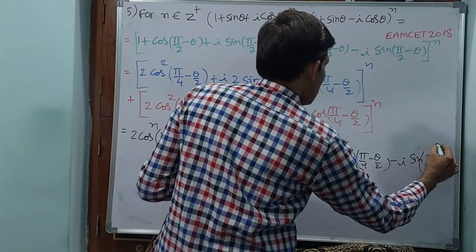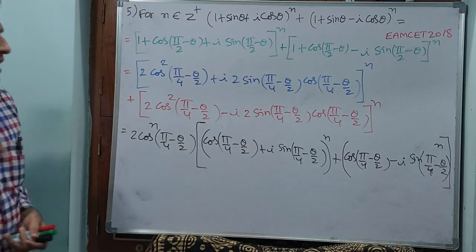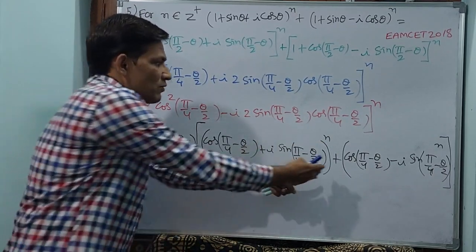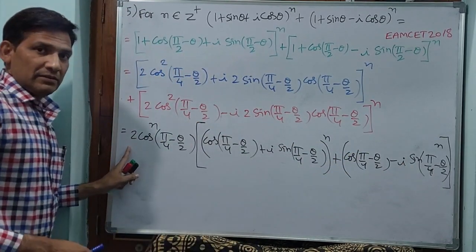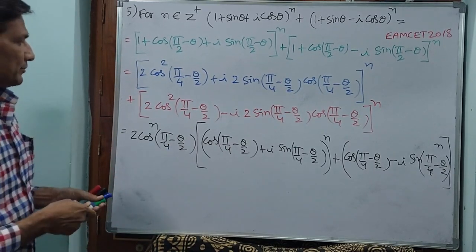Okay, power n. Now what do we do? We will send n inside and open this bracket, but this is common. You should not change anything. Okay, let us proceed further.